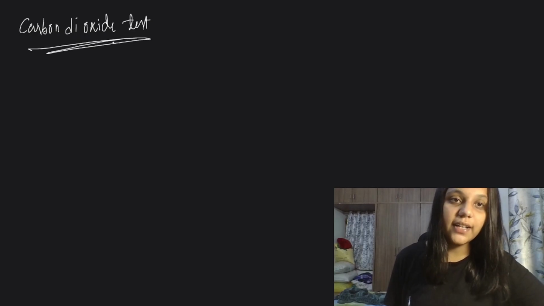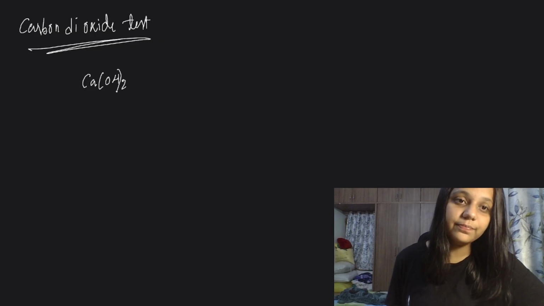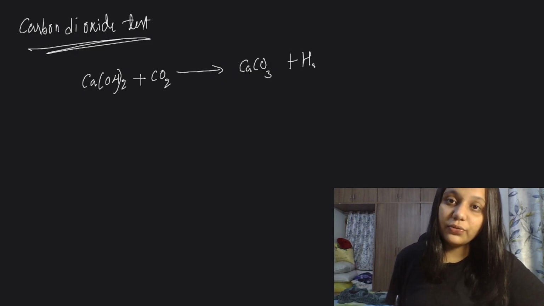So now we need to learn the carbon dioxide test. How is carbon dioxide tested? You can perform the reaction which we have learned just a few seconds ago. Here calcium hydroxide, when it reacts with CO2, gives the product calcium carbonate, with the release of water.